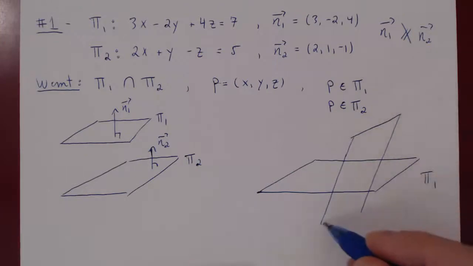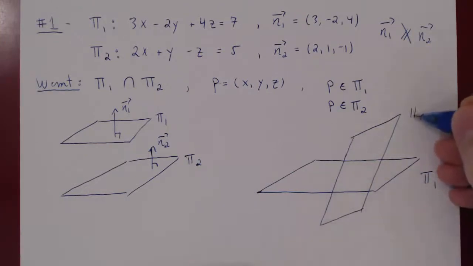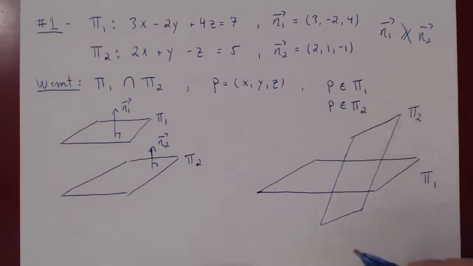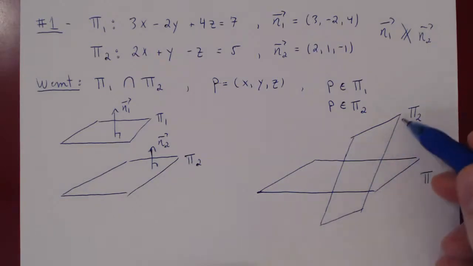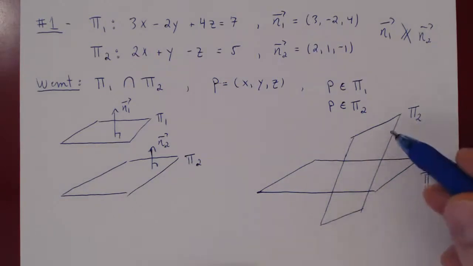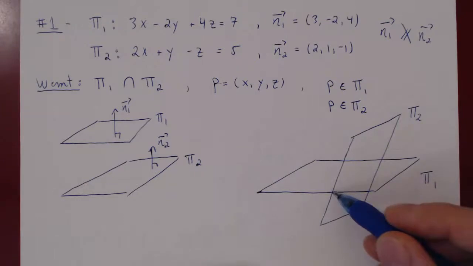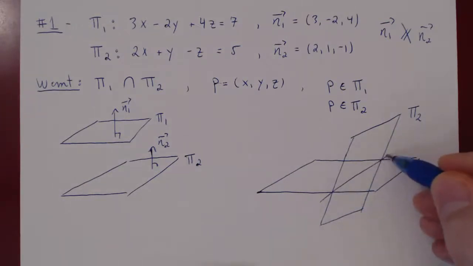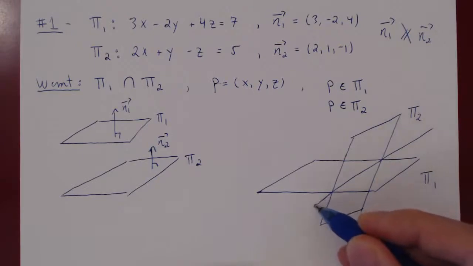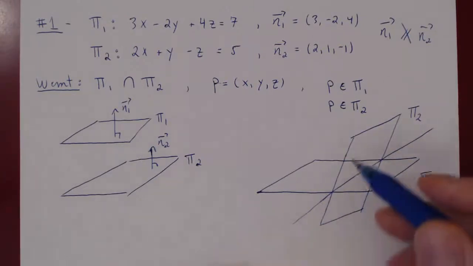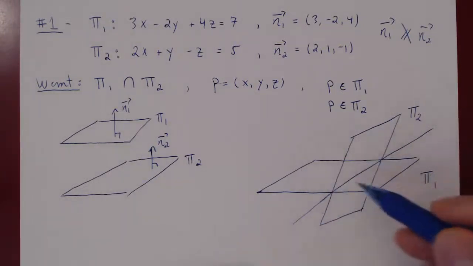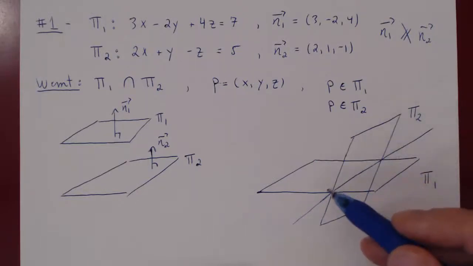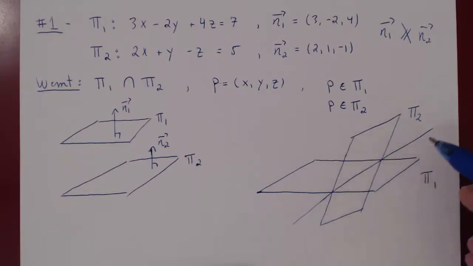Like this. This is your second plane. And you can visualize the intersection. If you cut through this plane with this plane, what you will get will be a line, right? Imagine holding two pieces of paper at an angle from one another, where the two pieces of paper meet will actually form a line in space.